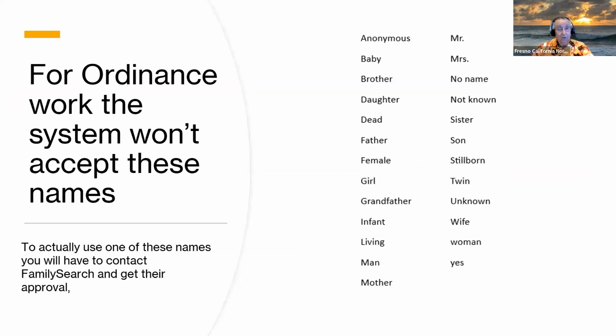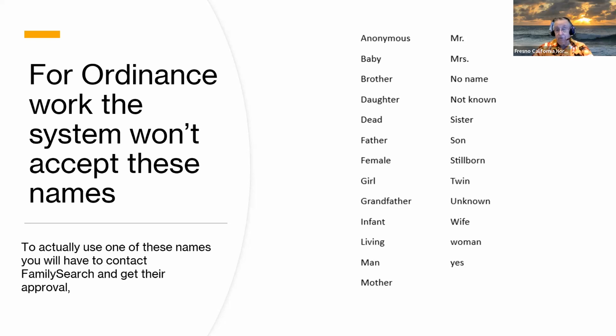Okay. The ordinance system doesn't like certain words. So as you're doing work, don't fill in boxes with baby or dead or girl or infant or things like that. Son, stillborn, twin. Leave those things out. Now, there are some languages where son and even the word man are actually parts of names in their language.